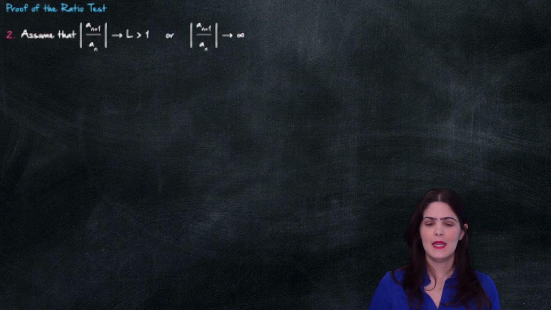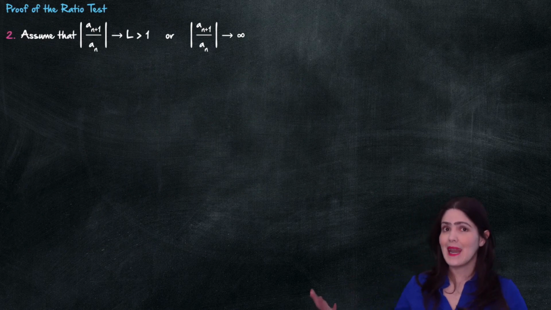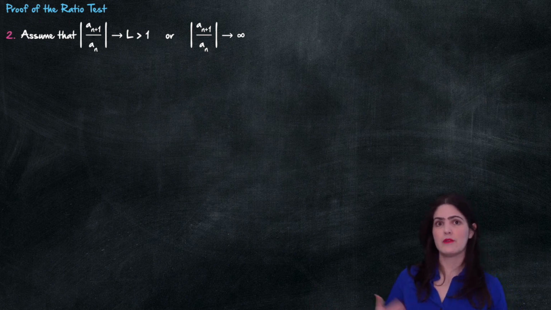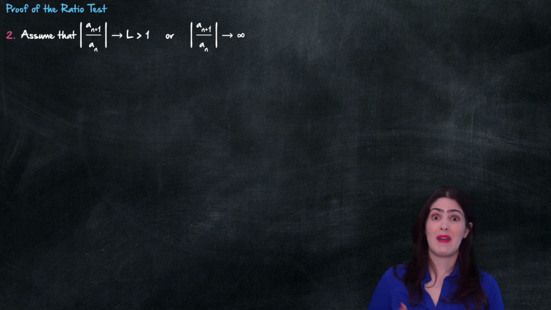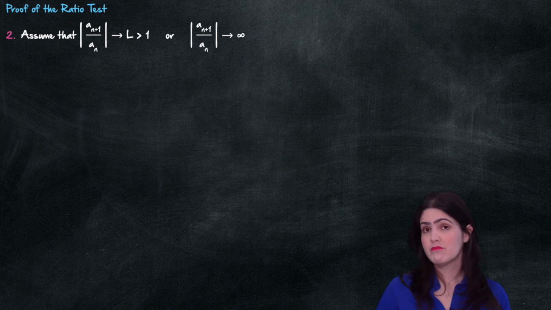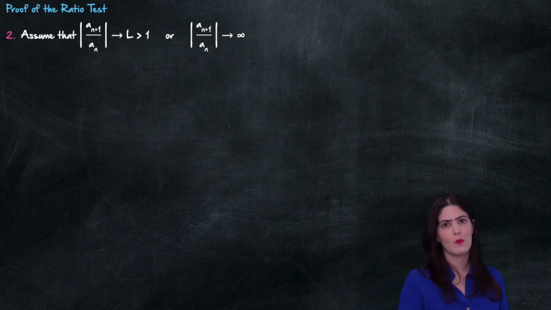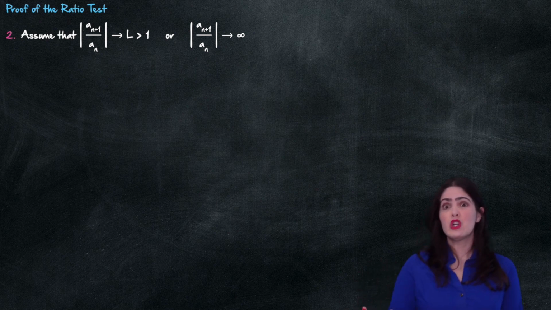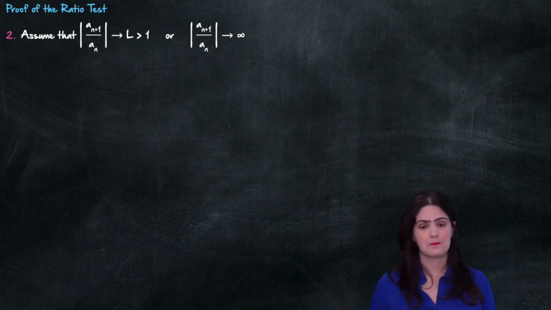Great. Now, what happens when the limit of the ratio of a_{n+1} over a_n converges to some number L that is strictly bigger than 1? So there could be a real number L strictly bigger than 1, or the limit diverges to positive infinity.